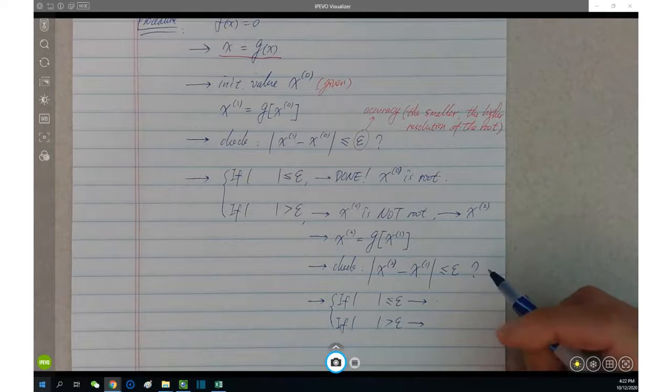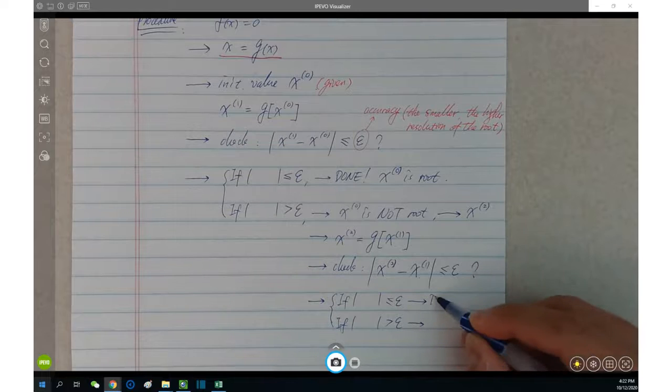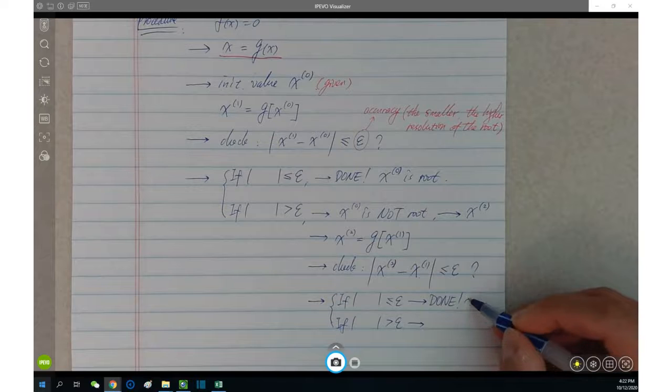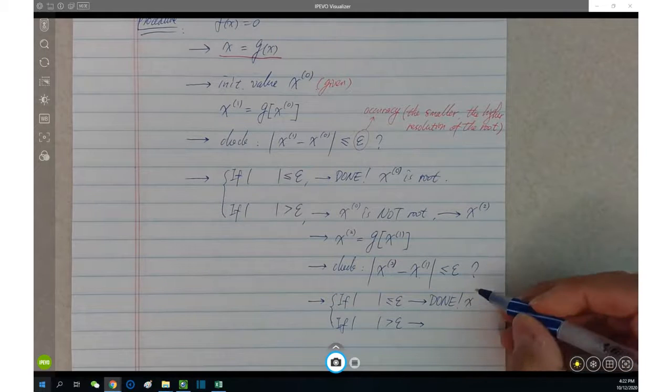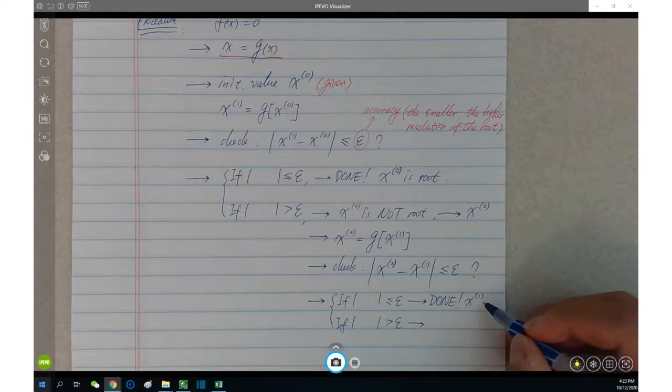It's a root. Once again, hooray. And who is the root? X of 1. X1 is the root.